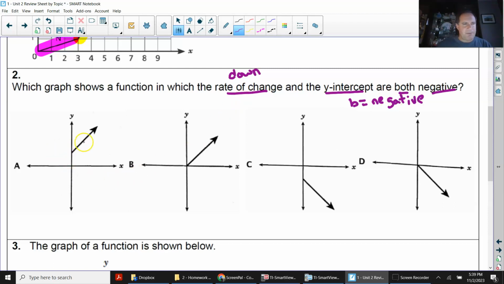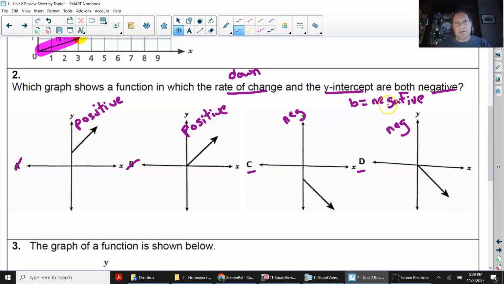It has to go down from left to right. This is a positive slope. So that's out. This is a positive slope. So that's out. This is negative. And this is negative. So we have either C or D.